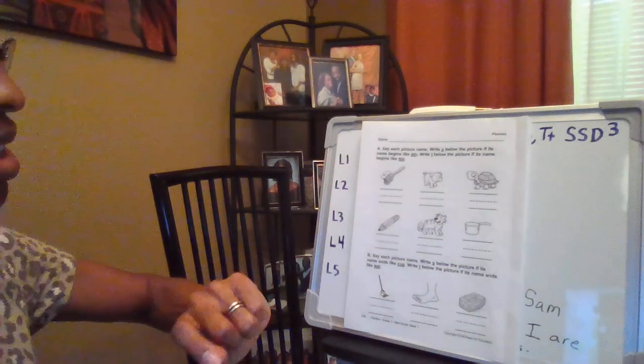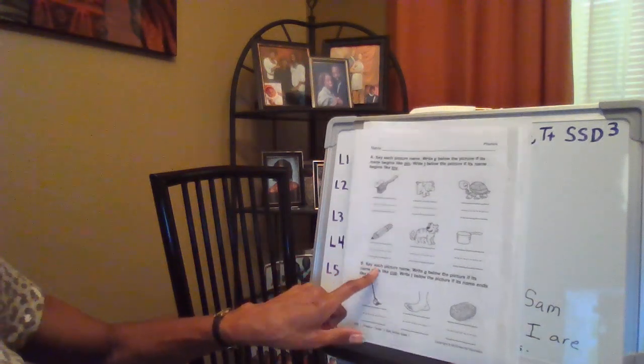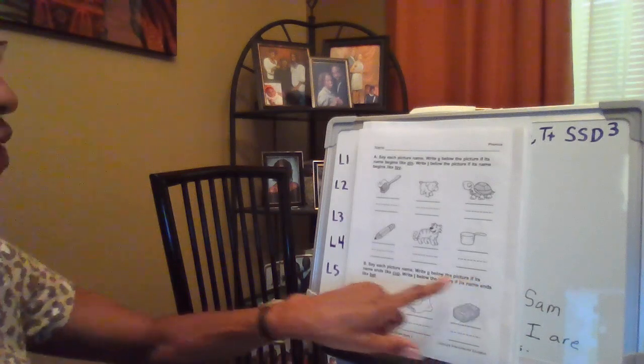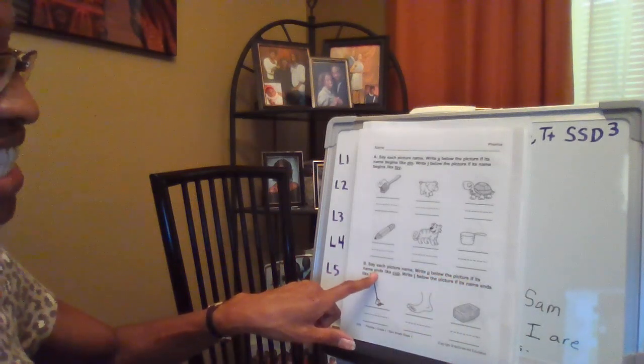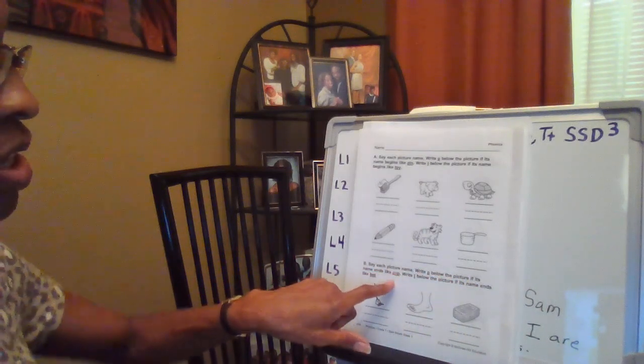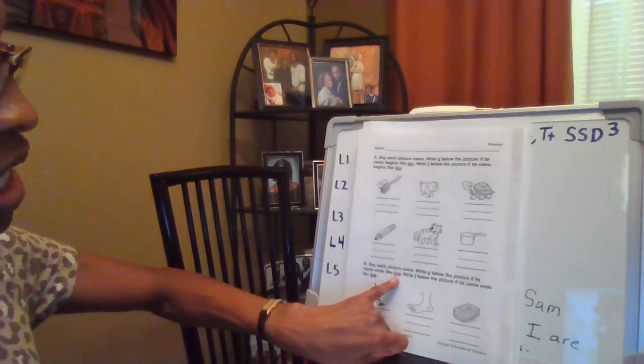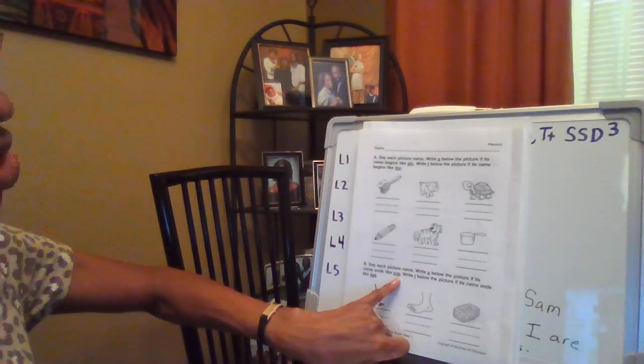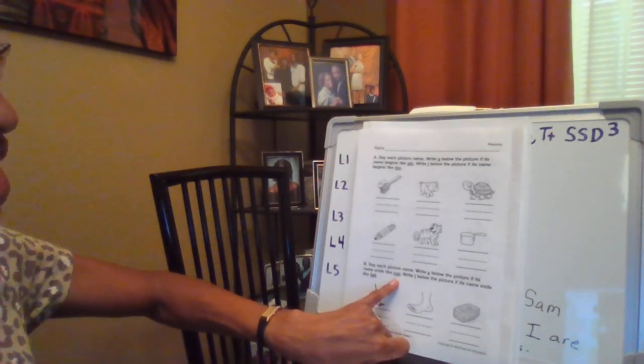Part B. Say each picture name. Write P below the picture if its name ends like cup. So notice cup ends with the letter P. So that's what you're looking for, the ending sound.